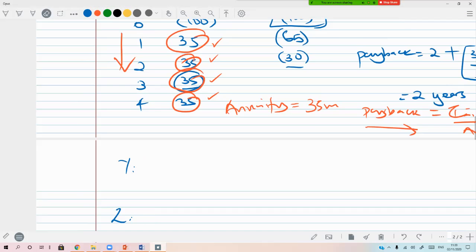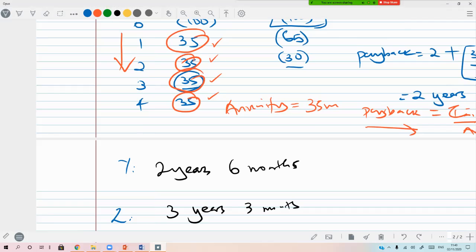Y is 2 years and 6 months. That was very fast. Yes, that's the right answer. Okay, Z. You get 3 years, 3 months to be the payback for Z. Yes, it should be 3 years and 3 months.